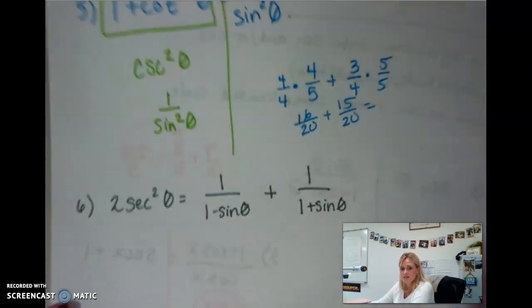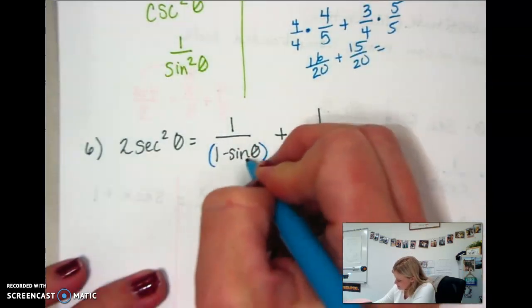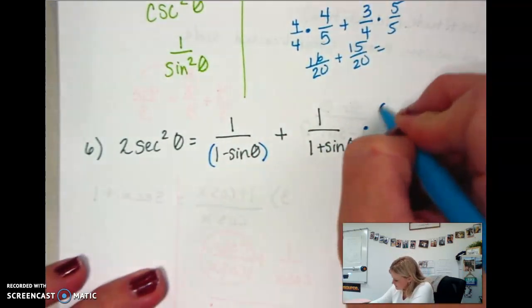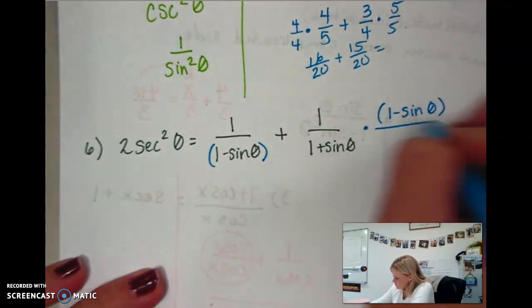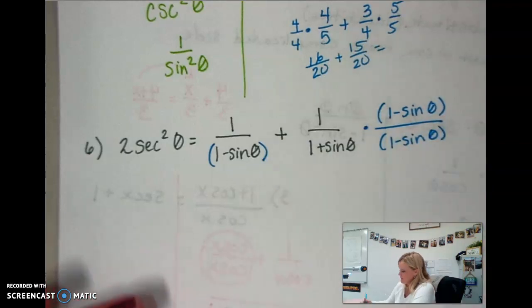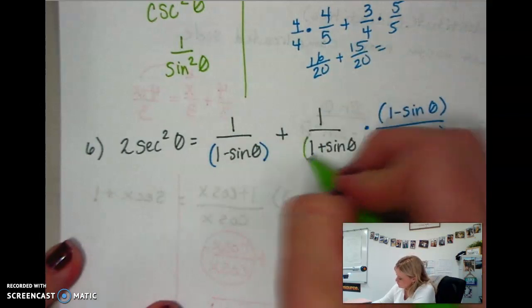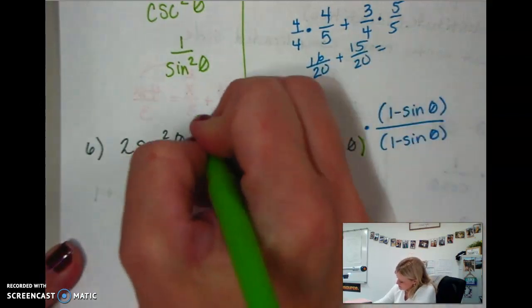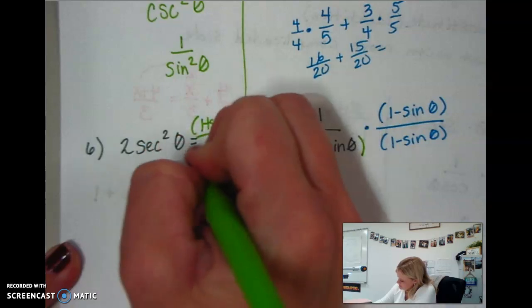So that's exactly what I need to do here. I need to multiply the top and bottom of this by 1 minus sine of theta over 1 minus the sine of theta. And I need to multiply this side by 1 plus the sine of theta over 1 plus the sine of theta.